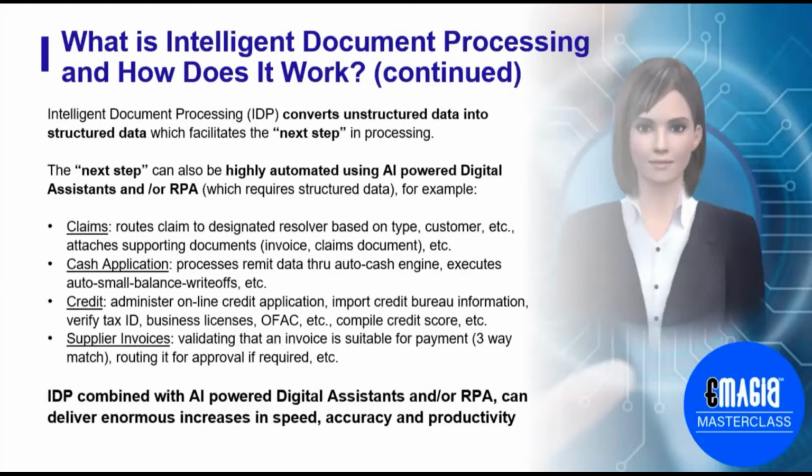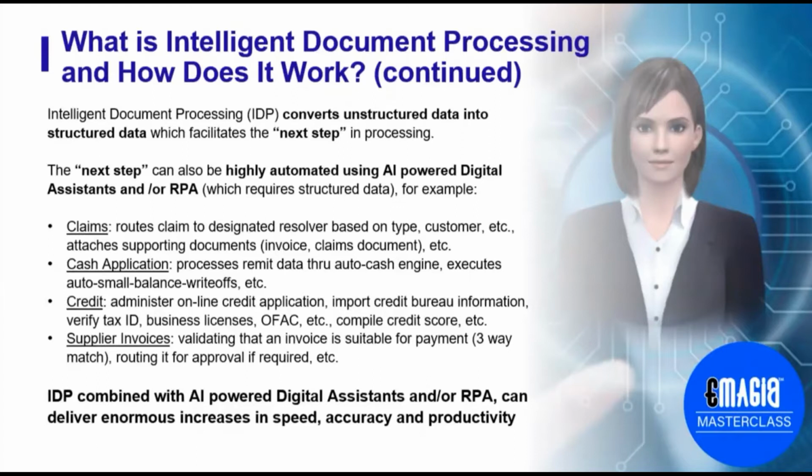And just some examples here of what an AI digital assistant can do. For claims, it can route the claims to the designated resolver based on type of dispute, type of deduction, or type of customer, and attach all the supporting documents.